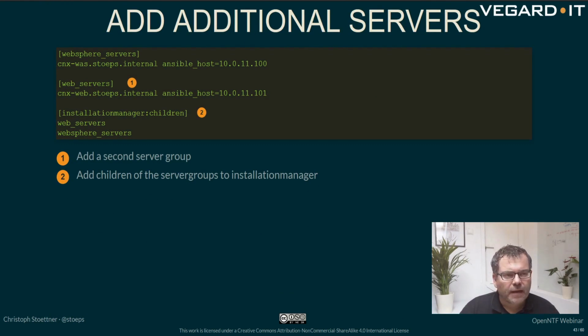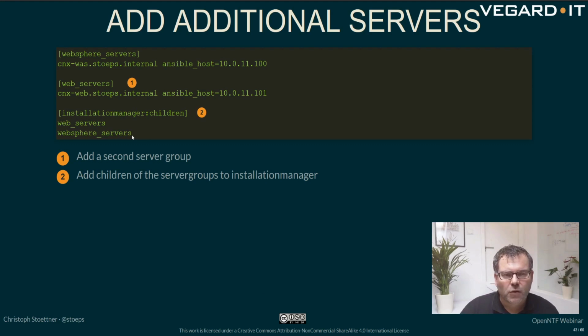And in the next step, we will extend our inventory to a second host. It's the host group web servers with one server as a member. And as the third group, I added the installation manager group where all servers from web servers and all WebSphere servers are member.